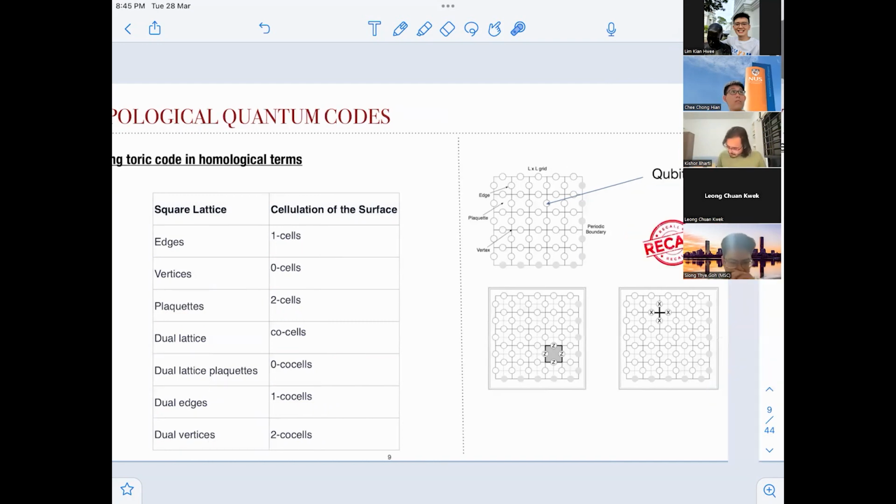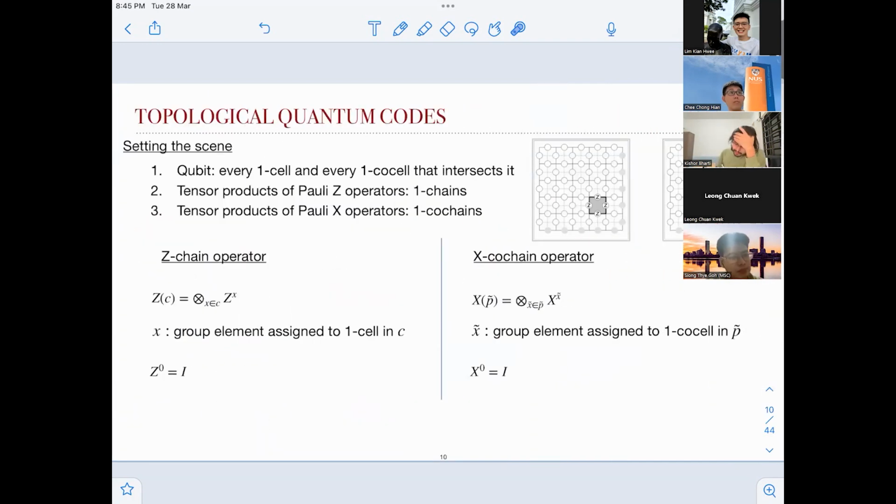Let's first set the stage: where we have the qubits and what the operators are. A qubit sits wherever every 1 cell and every 1 co-cell intersect.